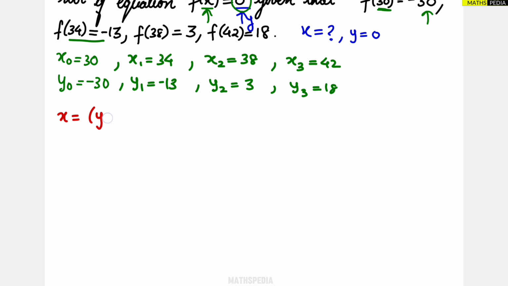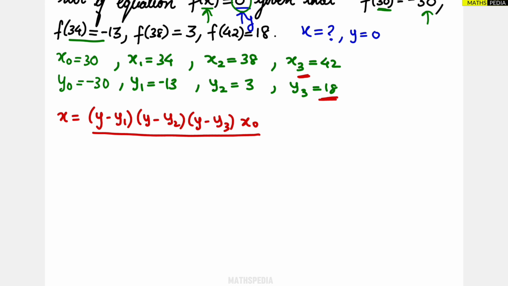So x equal to, it becomes: I'll start with y minus. First, always remember we are going to take x naught, so y naught will be missing from the numerator. So y minus y1 into y minus y2, till the last value y3, so y minus y3, multiplied by x naught, whole divided by the denominator. In place of y, what was missing in the numerator? y naught is missing.